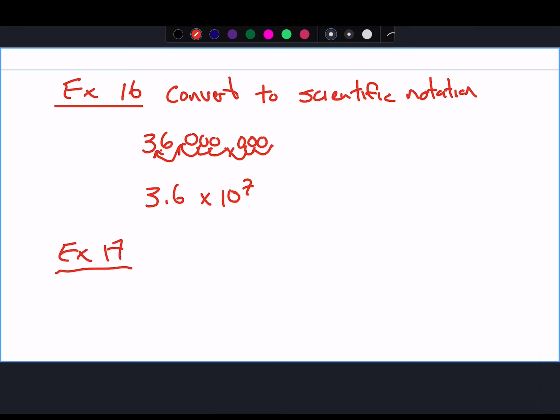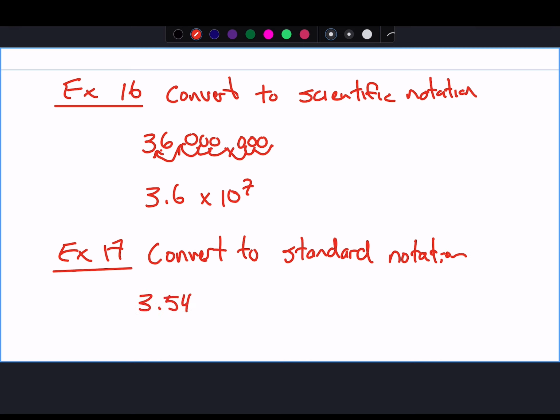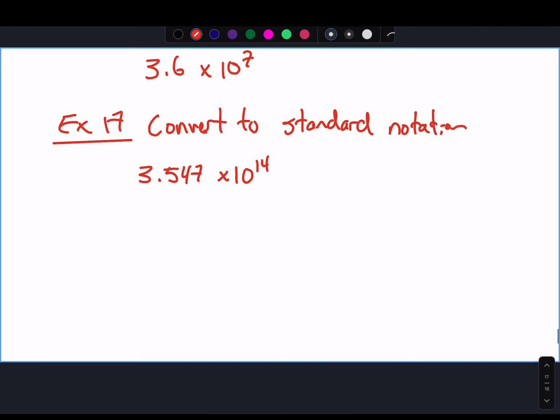All right, last example, and then I will let you leave. Example 17. We want to convert to standard notation. And our number is 3.547 times 10 to the 14th power. How do we do that? We need to move the decimal to the right 14 places. So 3.547. Every place that doesn't already have something there, we will add a 0.